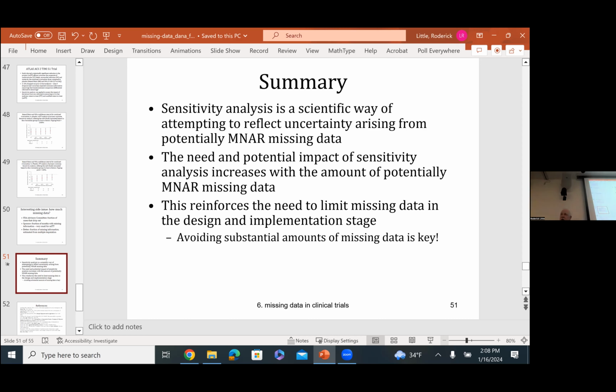The other thing I like about sensitivity analysis is that it reinforces the idea of not having too much missing data. Because if you have a lot of missing data, then the sensitivity analysis might not work out for you for the drug. So I think limiting the amount of missing data in the design and in the conduct is important.